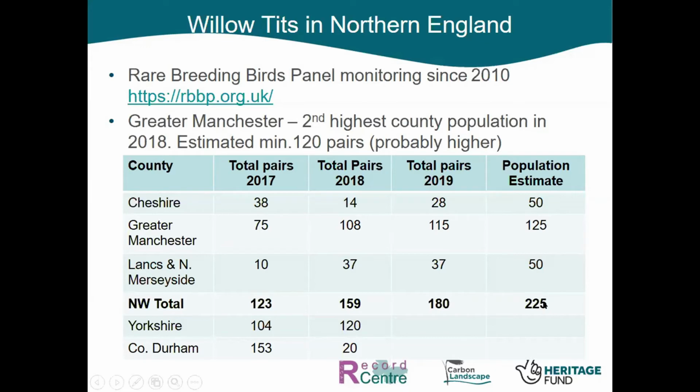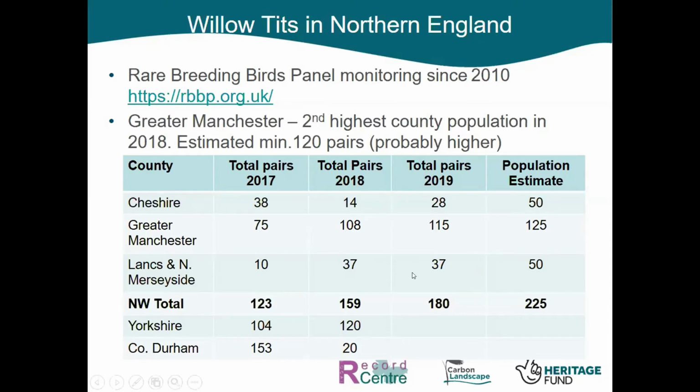So when we add those up, we've got 225 pairs, we estimate, in the northwest. And it's important to understand that these basically function as a single population. So if we're looking in terms of conservation action, we really need to be looking at the whole of the northwest and working together to conserve the species.